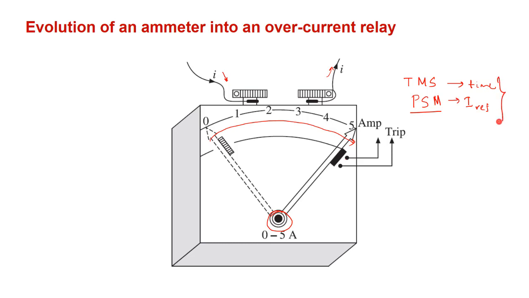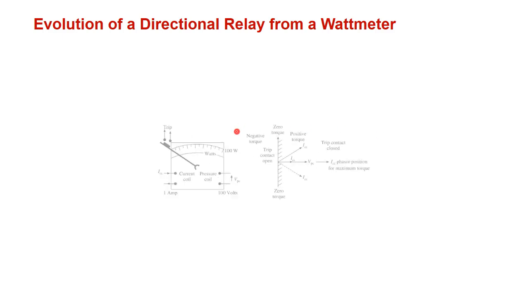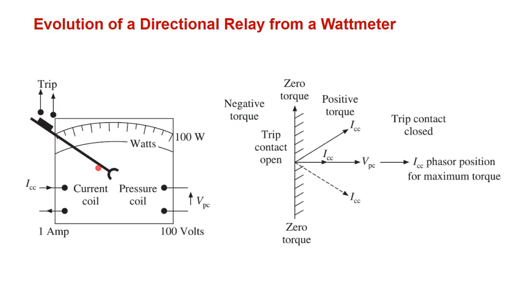We have already discussed all these things in detail, and we also know that the directional relay concept evolved from the wattmeter. If you have studied it in your instrumentation course, there are two coils: a current coil and a pressure coil. The current coil is fed by the current, and the pressure coil is fed by the voltage.